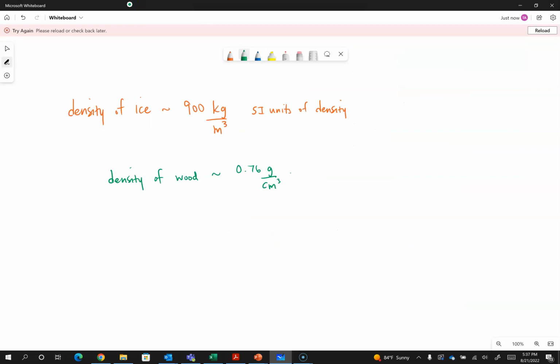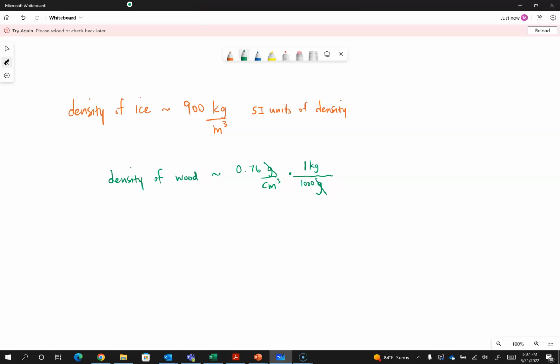We can use that information as a conversion. So if kilo is 10 to the third, that means a kilogram is 1,000 times bigger than a gram. Or we can say that it takes 1,000 grams to make up 1 kilogram. And that will allow us to cancel out the grams.